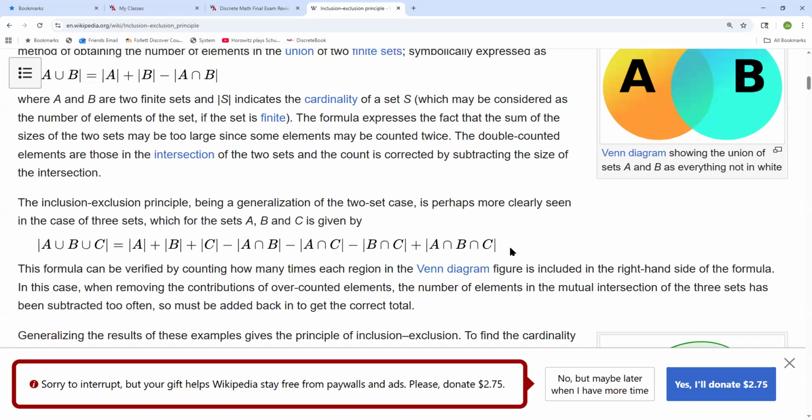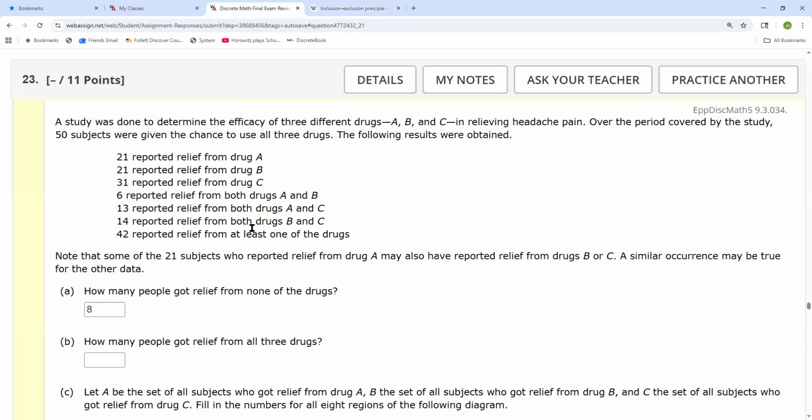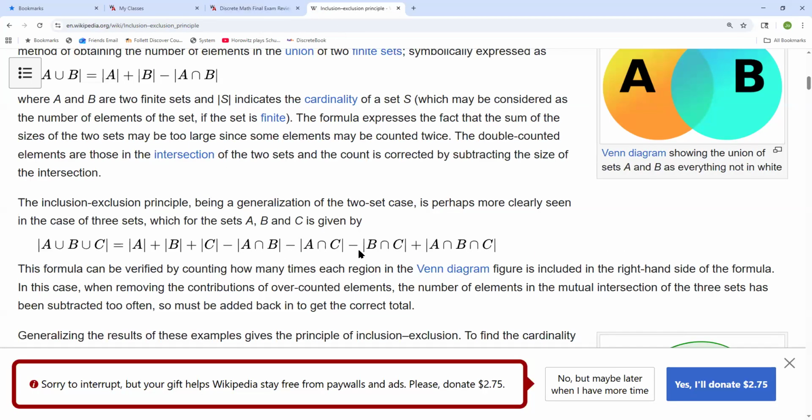And then how many people benefited from both drugs A and B? 6, 13, and 14, right? So that means that these numbers right here are 6, 13, and 14.